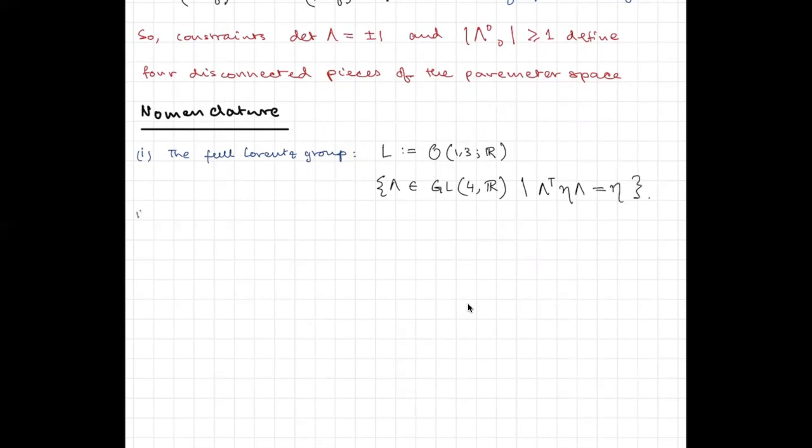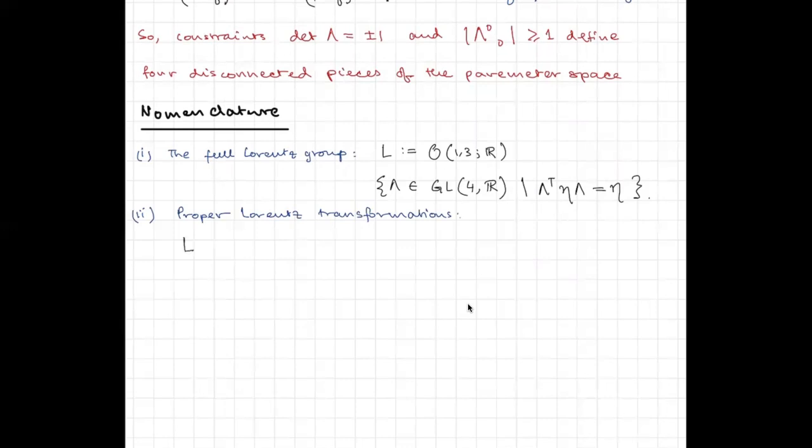Number 2, we have what is called the proper Lorentz transformations. So this is another very important definition.